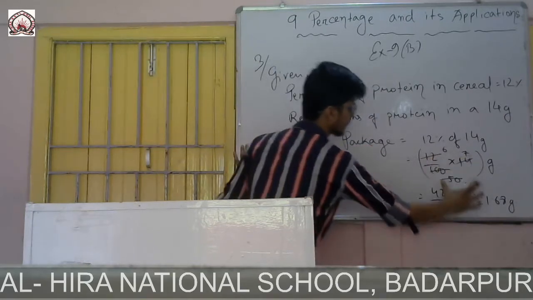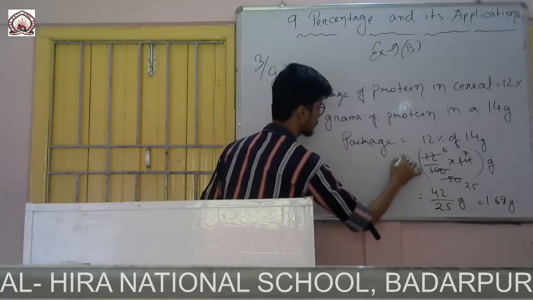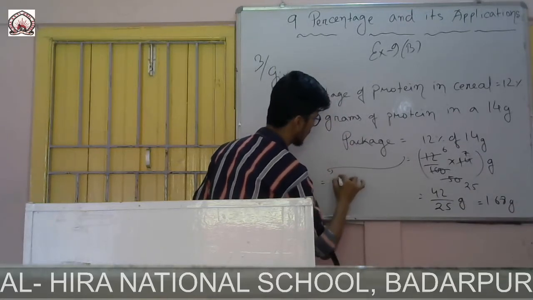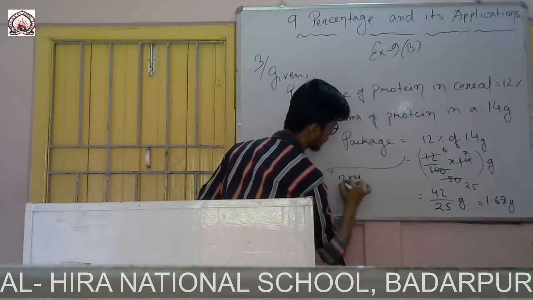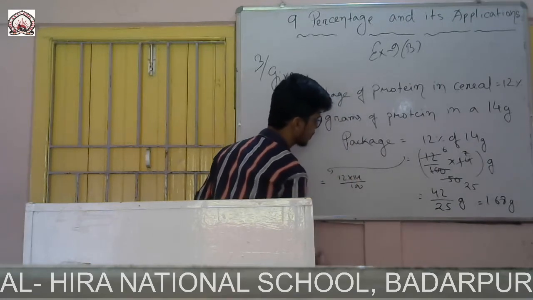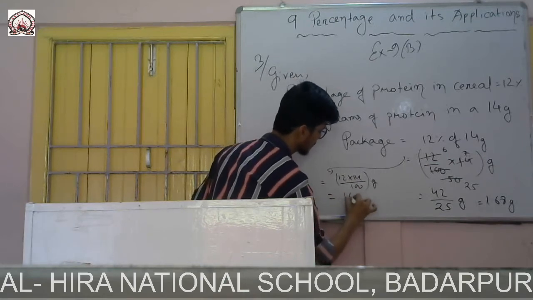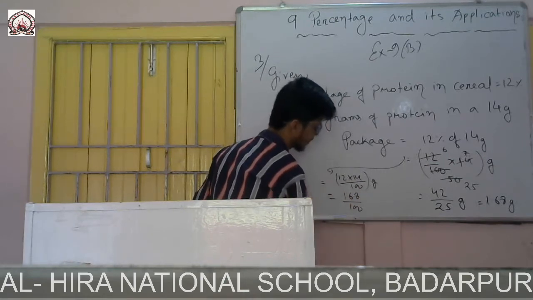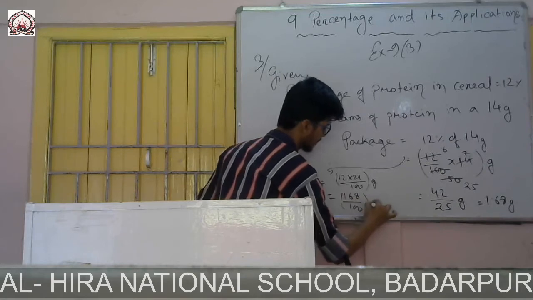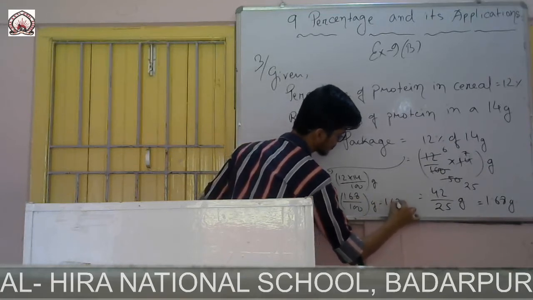Or else you can directly do 12 into 14. If you feel doing this is a little troublesome, then after writing this one, you can write 12 into 14 by 100. You multiply 12 into 14, you will get 168, which is 168 by 100, and if I convert it into decimal, it will be 1.68 gram.